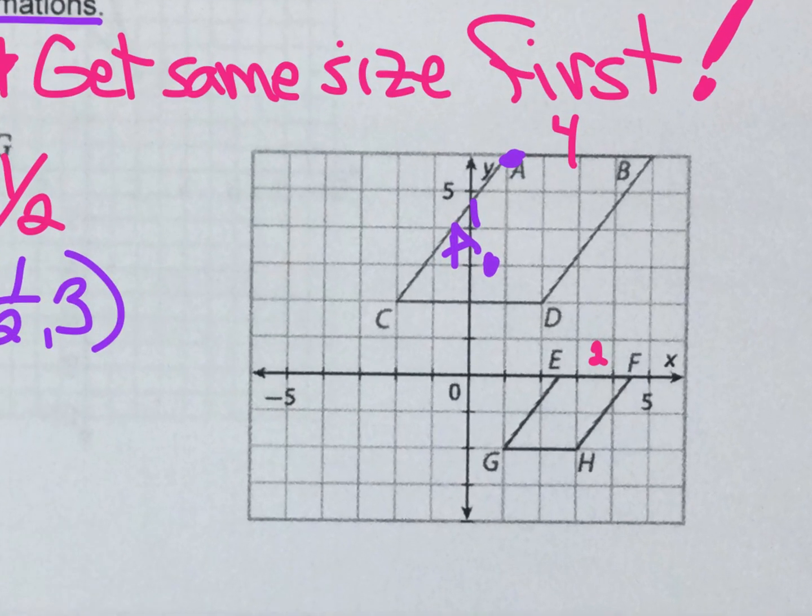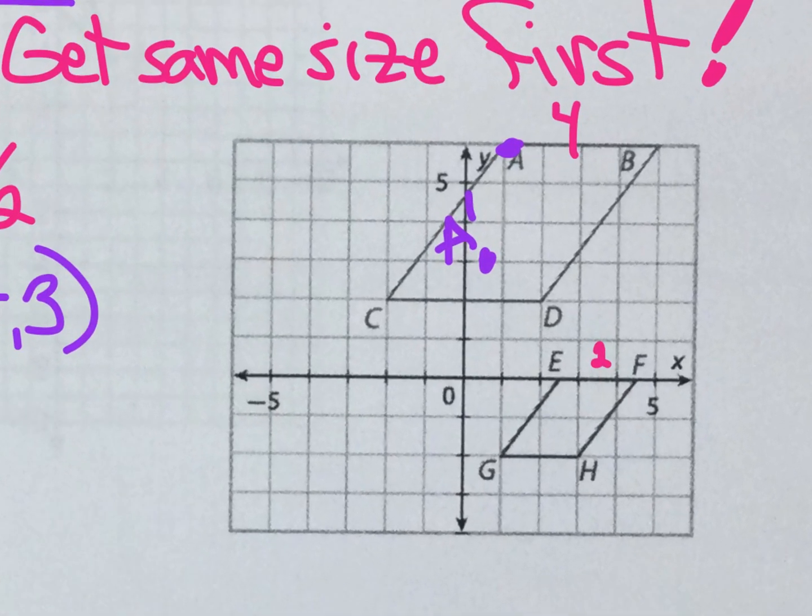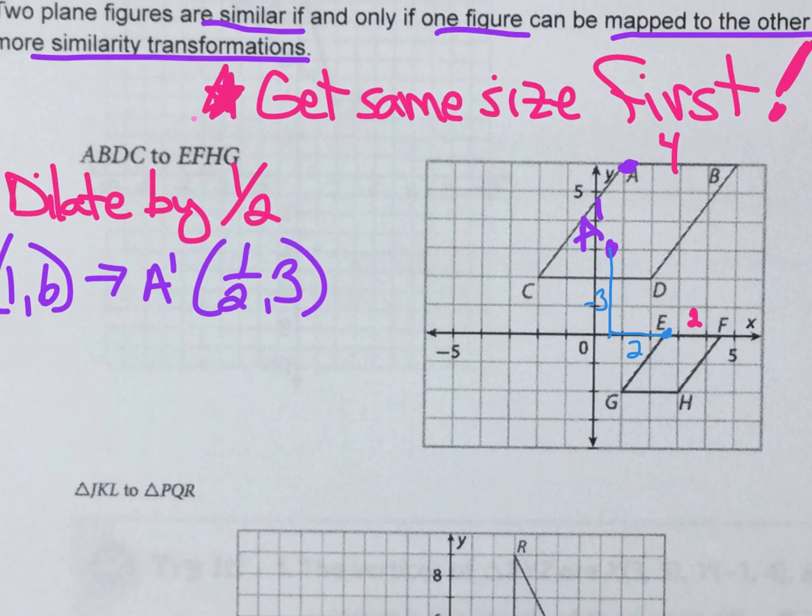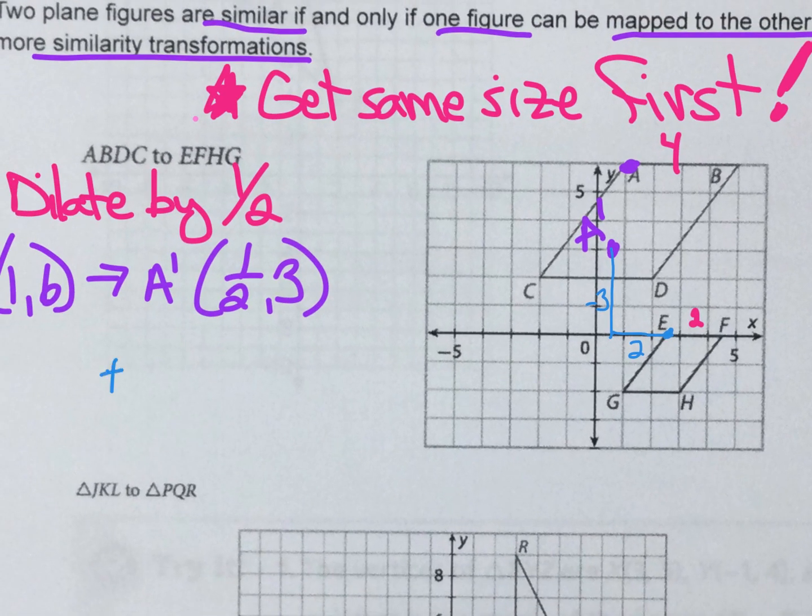Now, I need to get it down here to E. So if I go down 1, 2, 3, over 1, 2. Okay, so I'm going to translate down 3, right 2, and so then A prime would be in the same spot.